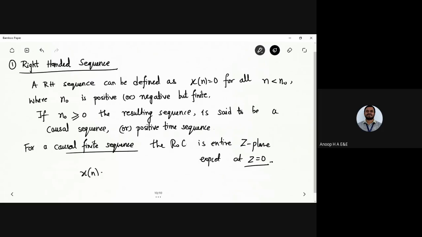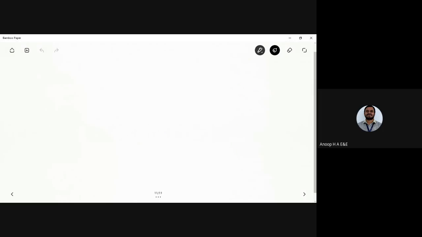For example, if I want to write x of n, it would be 1 2 2 1. I have taken it as a discrete time sequence 1 2 2 1. So if I want to have the z transform of it, X of z, that is z transform of x of n, how do I write it?